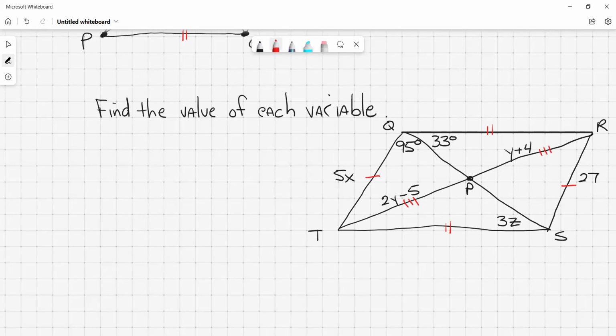All of these opposite angles are congruent. So this angle right here is congruent to this angle up here. And this 33 angle is congruent to this 3z angle.